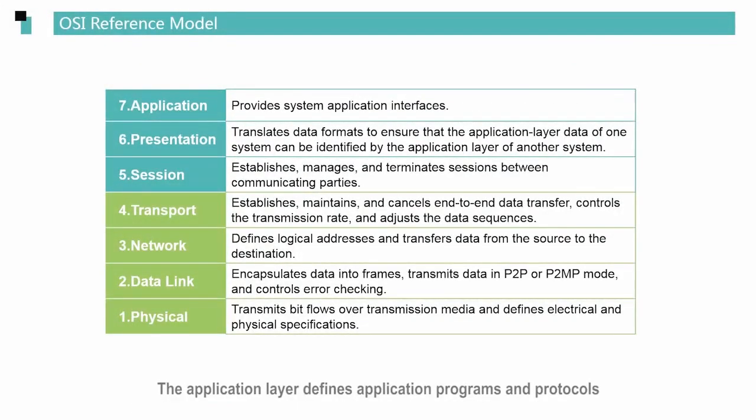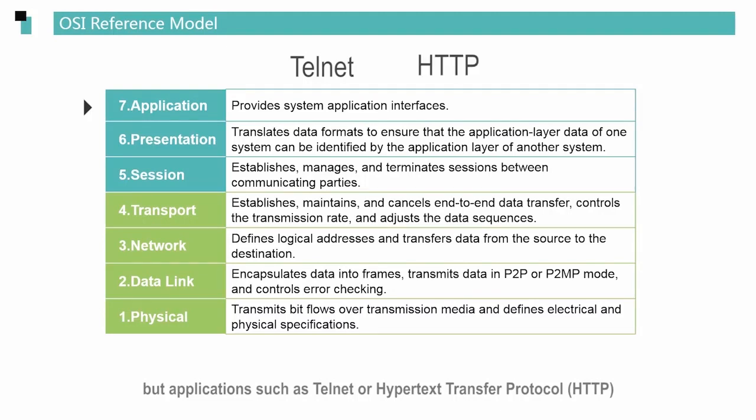The application layer defines application programs and protocols. These application programs are not software such as Skype, but applications such as Telnet or Hypertext Transfer Protocol, HTTP. You will likely already be familiar with HTTP from web addresses. For example, the full Uniform Resource Locator, URL, of Huawei's website is http://huawei.com.